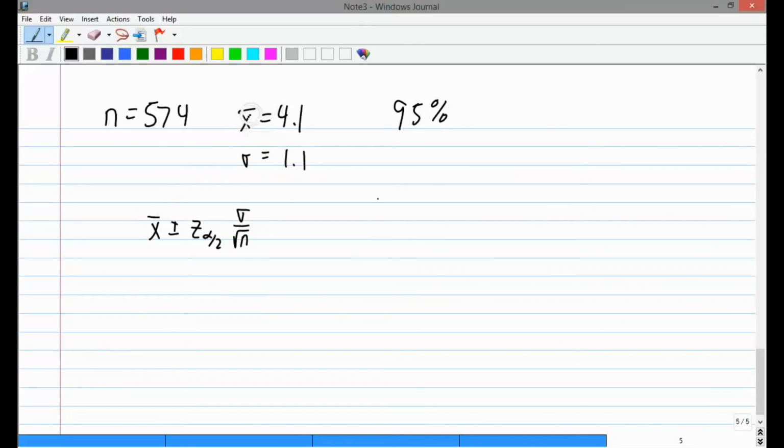So it's 4.1 plus or minus 1.96, we got from the table, times 1.1 divided by the square root of 574. So do that calculation, and you should get your lower number as 4.0 and your upper number as 4.2.